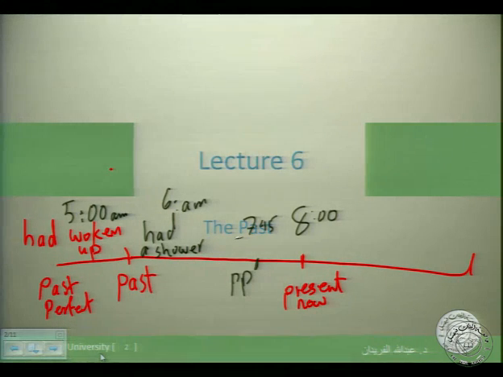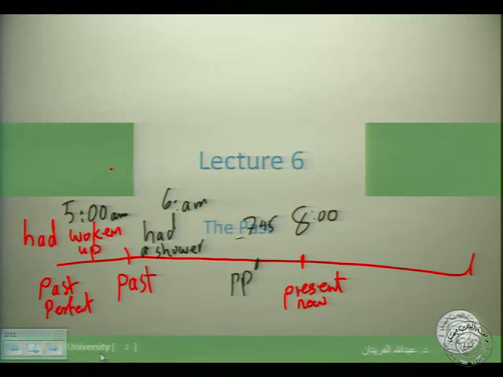I know it's very difficult to know the difference, but put in your mind that the present perfect is very close to the time being, something that is close to the present time. You just did it maybe a while ago, or at a very close time. The past is the past that you know.